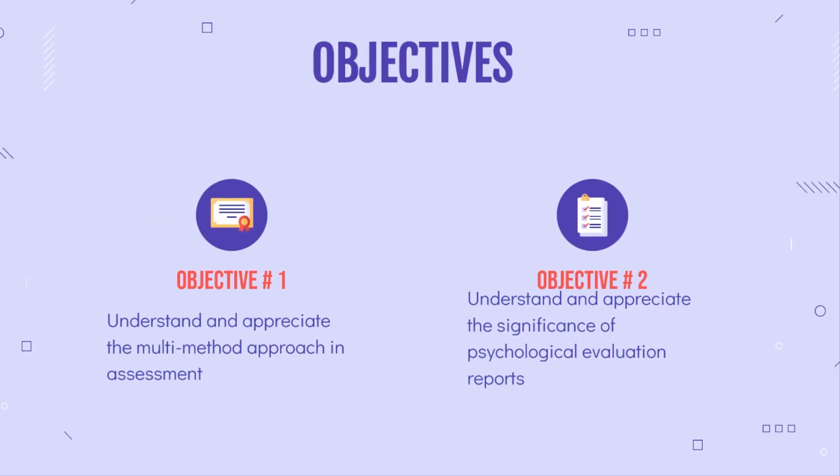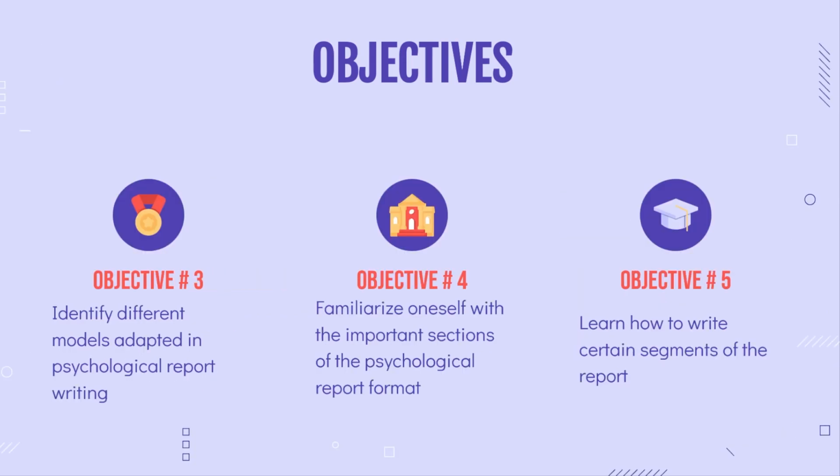Objective number 1, we try to understand and appreciate the multi-method approach in assessment. Objective number 2, understand and appreciate the significance of psychological evaluation reports. Objective number 3, identify different models adapted in psychological report writing.